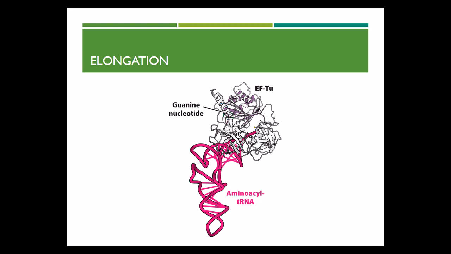The aminoacyl transfer RNAs are delivered to the ribosome in a complex with a GTP binding elongation factor known as elongation factor TU. EF-Tu binds with all 20 types of aminoacyl transfer RNAs.